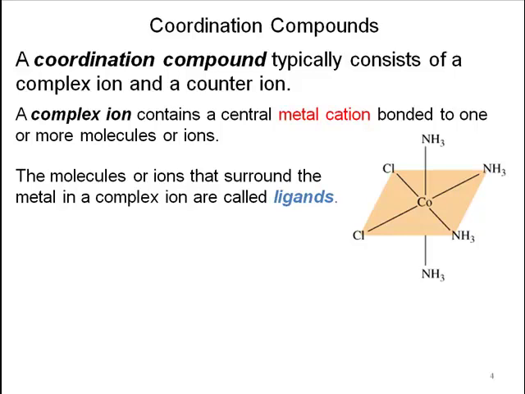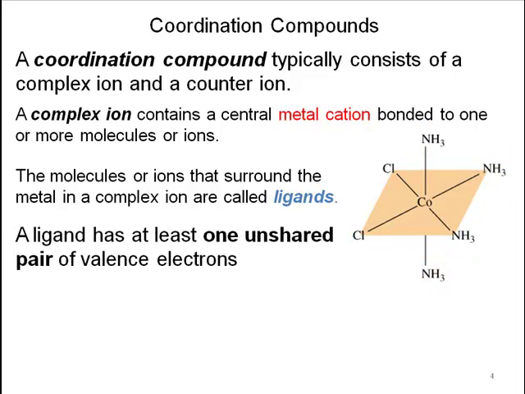These things on the outside are called the ligands. So here's our metal cation, the ligands, and if you attach these all together, you get the complex ion, and then the counter ion is meant to make it a neutral compound. A ligand has at least 1 unshared pair of valence electrons.